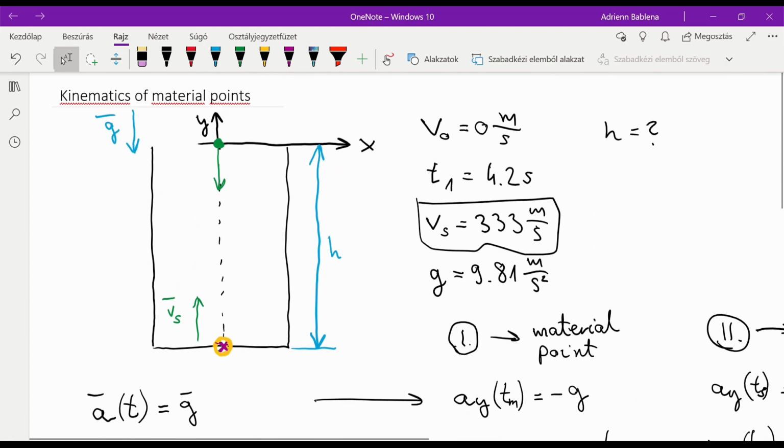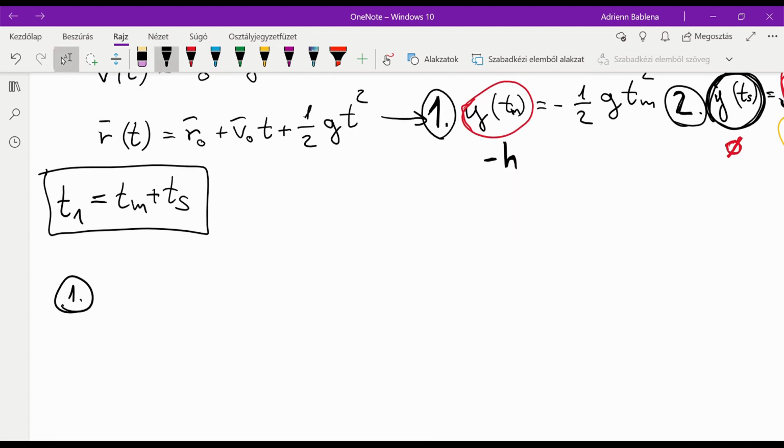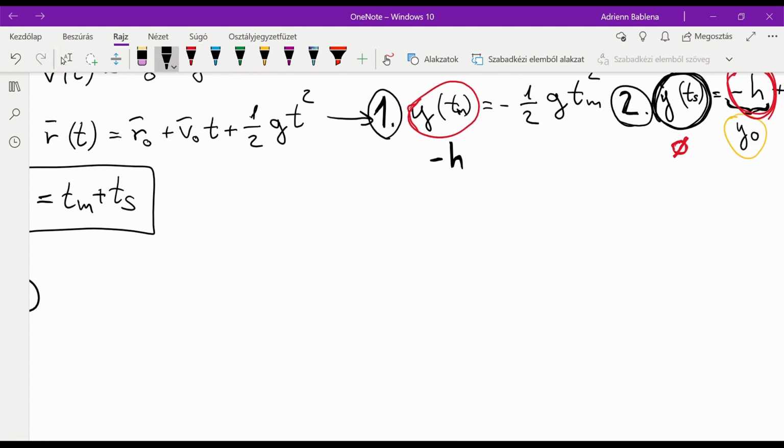We hear the sound at this point. We are here. We hear the sound at this point, at 0. Okay. So the coordinate of our position where we hear the sound is 0. Now, first equation. So our y coordinate at the end of the movement is -h. And our equation is -1/2 g tm square.